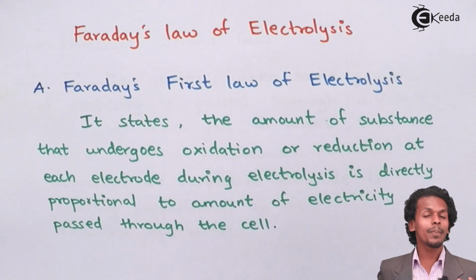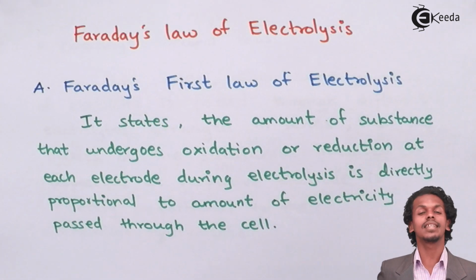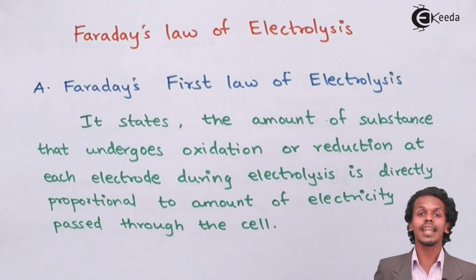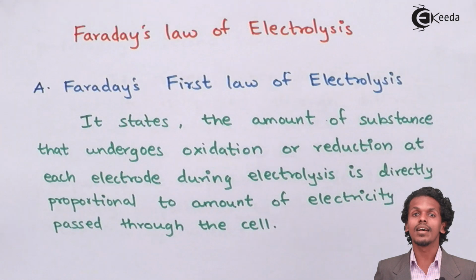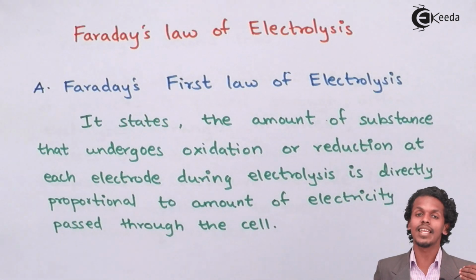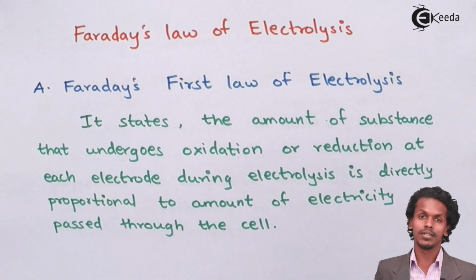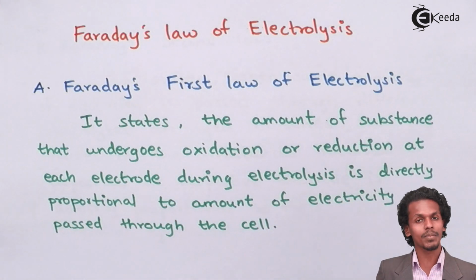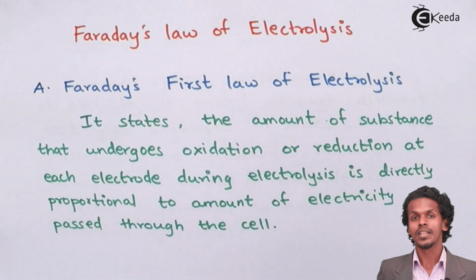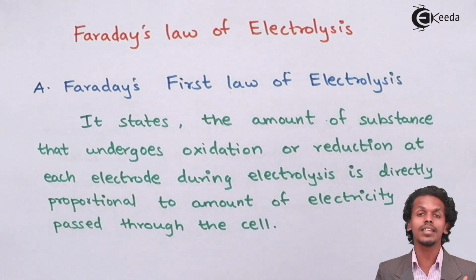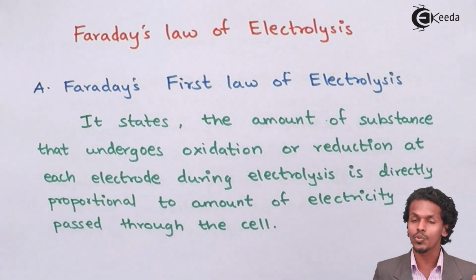It means, in the previous lecture we studied the electrolytic cell of molten NaCl. In this case, at the anode the chlorine molecules get liberated, and at the cathode the sodium atoms get deposited. So this is proportional to the current passed through the cell.